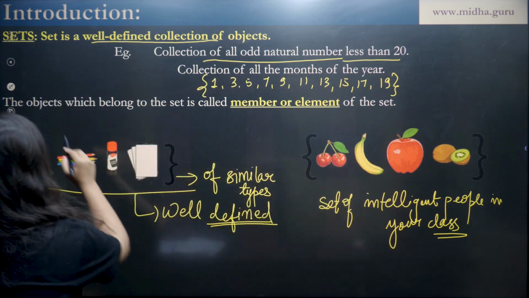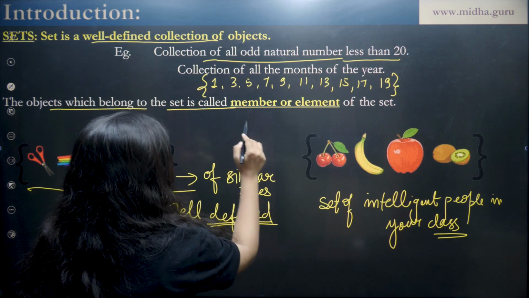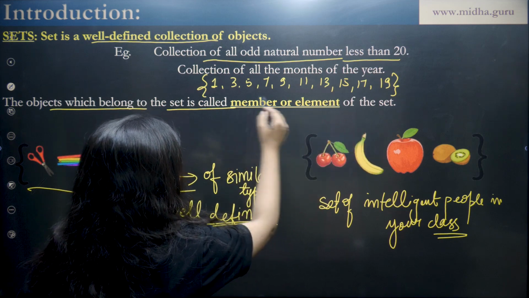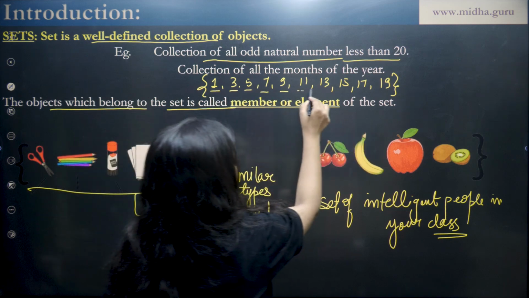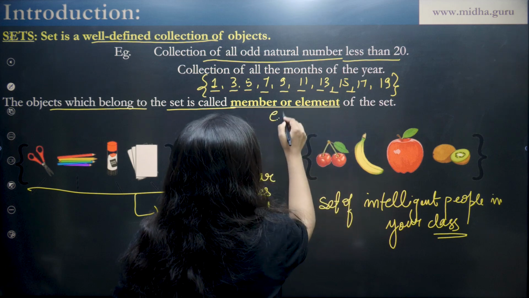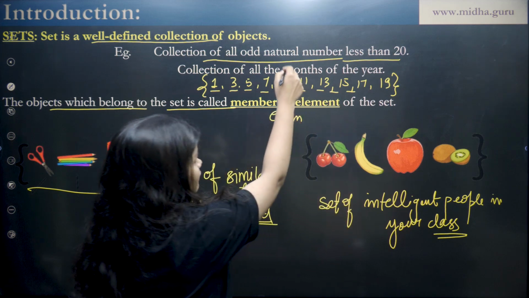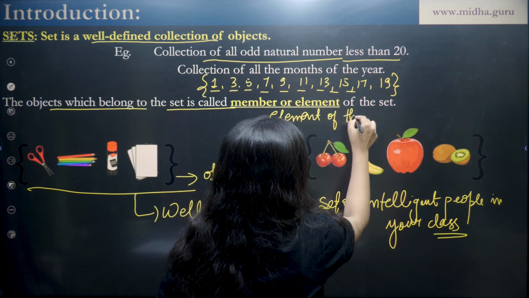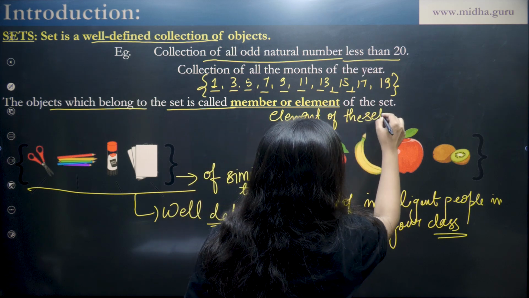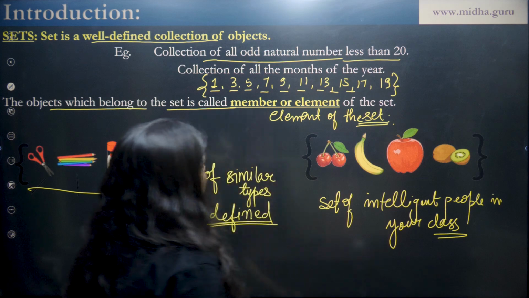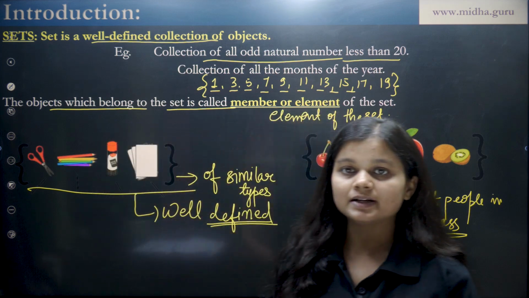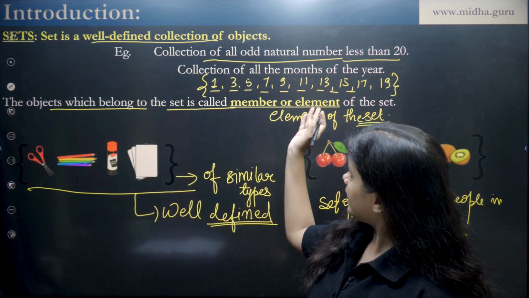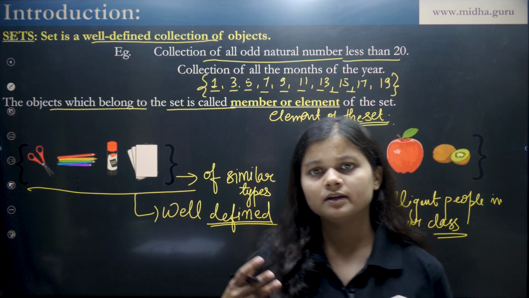Now the objects which belong to the set are called members or elements of the set. All these numbers are known as elements of that set. The objects that are present inside the set are known as elements or members of that set.